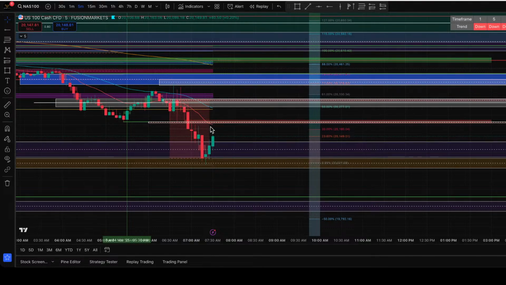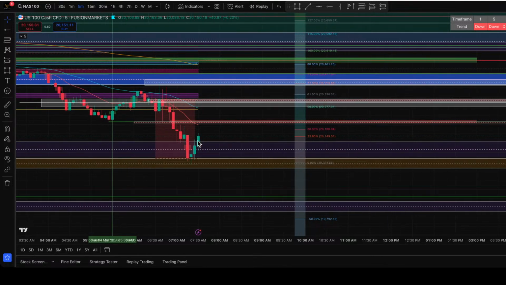Otherwise, it could punch through. Remember, we did manipulate down from the blue zone. Just wait and watch.